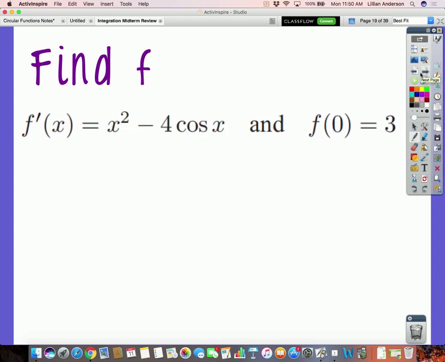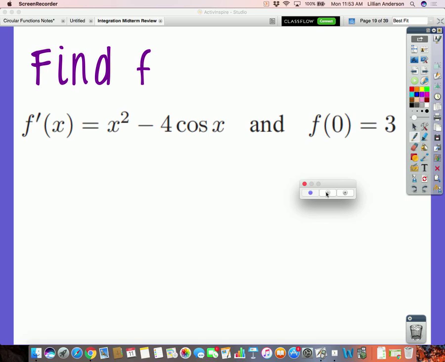Then find f for this function. All right. So the antiderivative that you got was what?